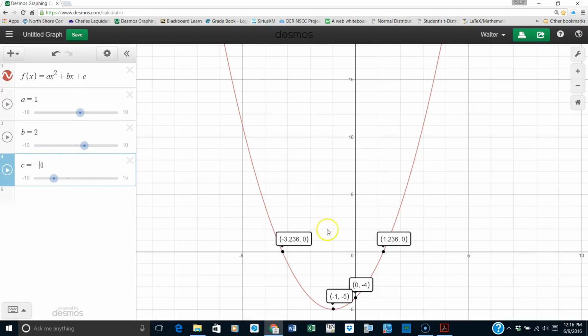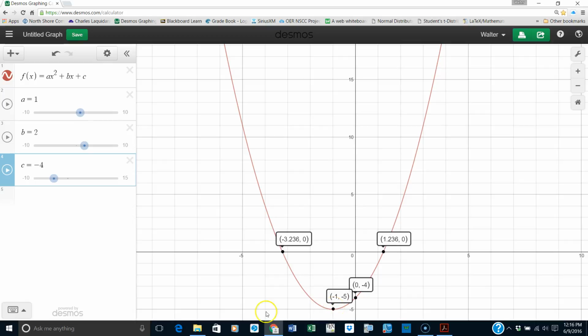Okay, just to make sure everything's okay. So we see that negative 3.2 and 1.2 approximately give us the x-intercepts, 0, negative 4 is our y-intercept, and negative 1, negative 5 is our vertex.